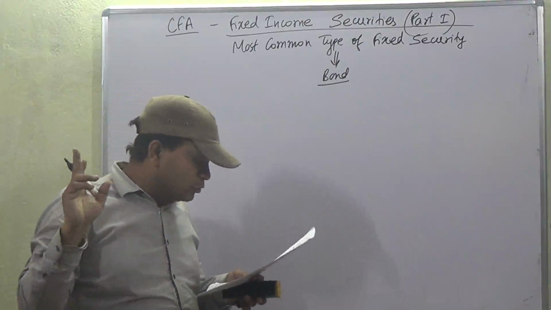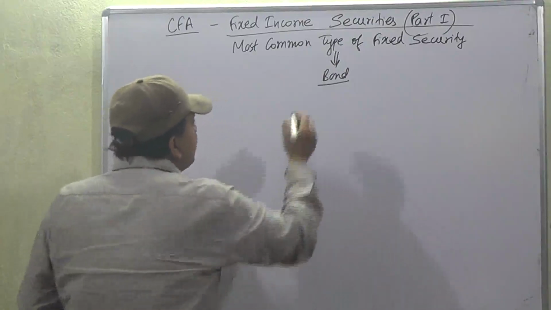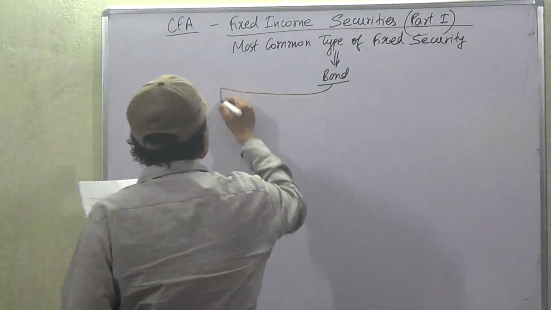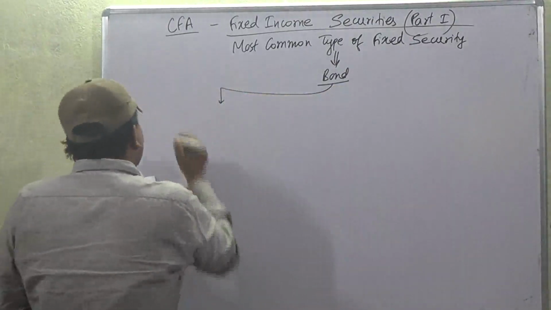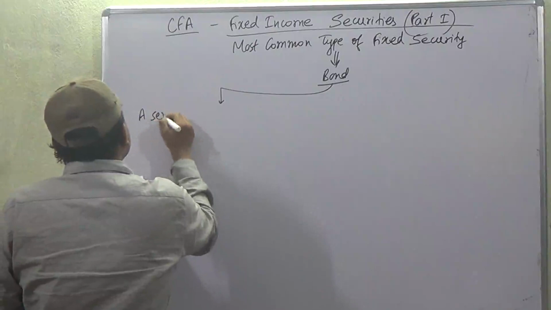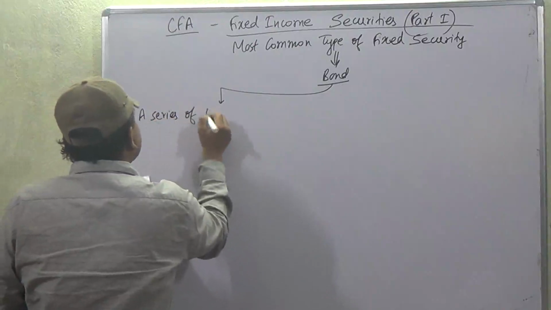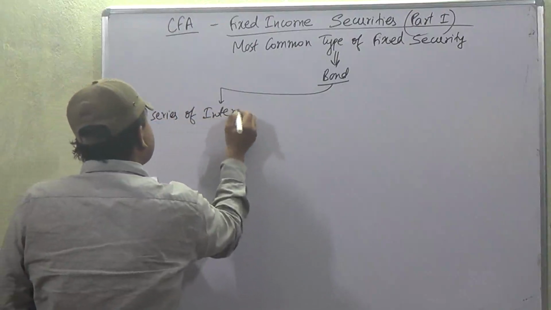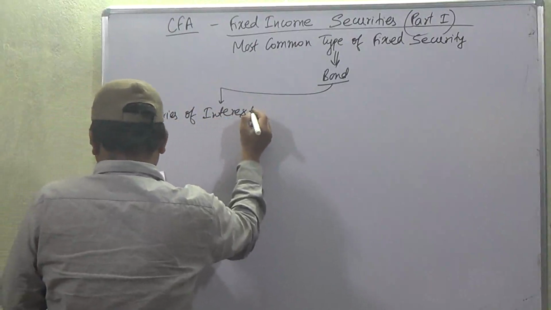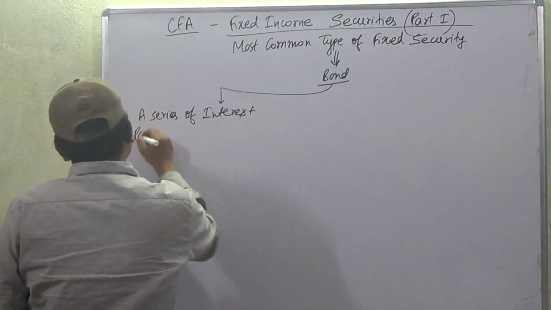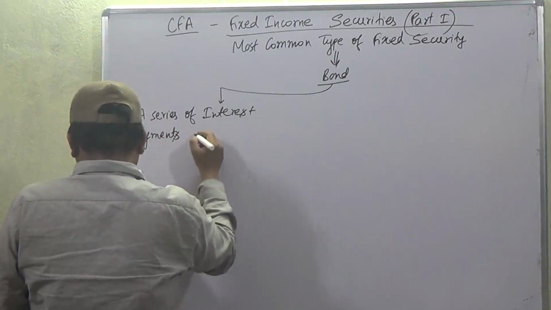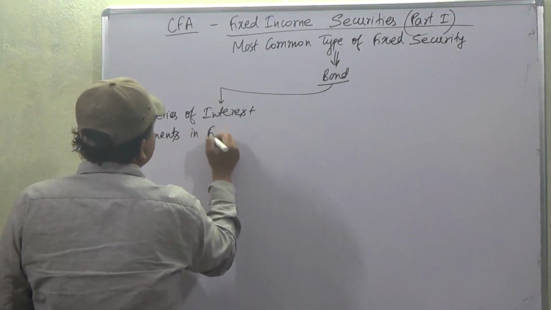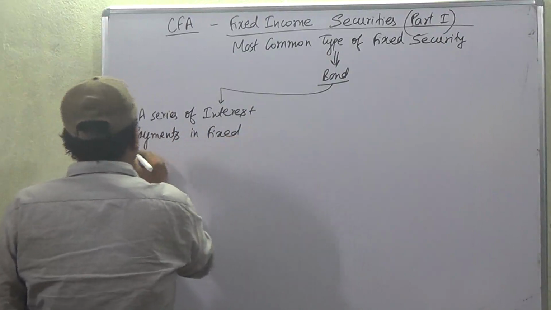So there are two things to be noted down for a bond. First one is a series of interest payments in fixed amount or fixed percentage.